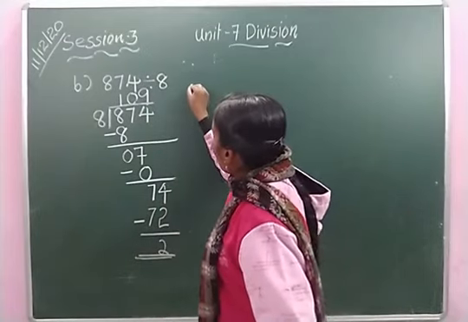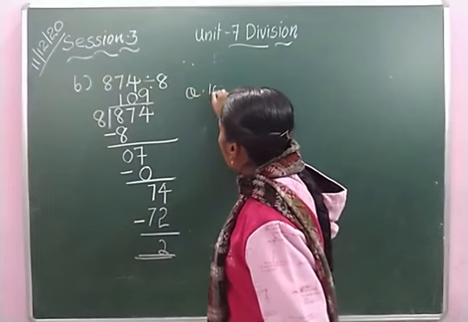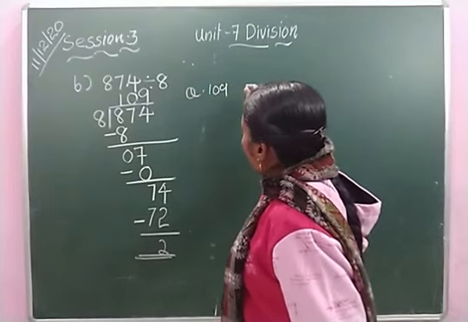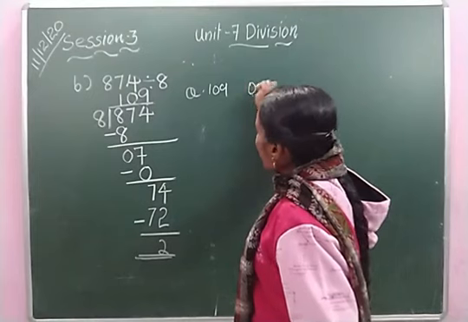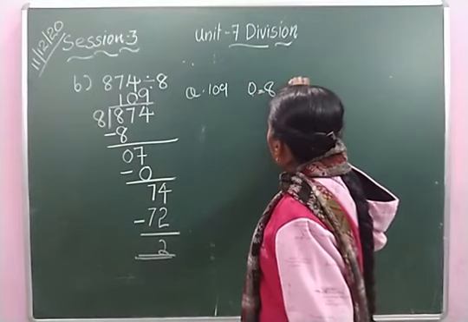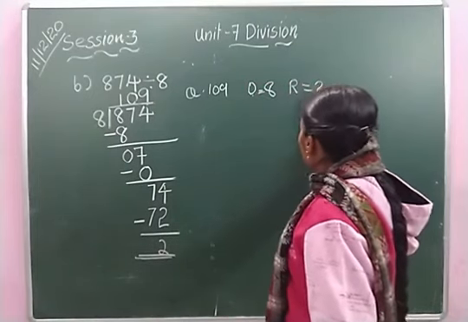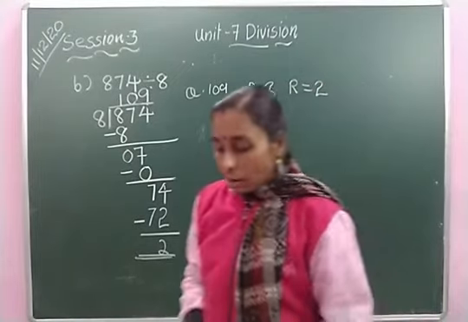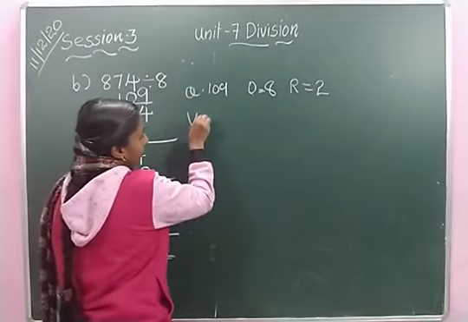Then what is the quotient here? Quotient is 109, divisor is 8 and remainder is 2. Then how can we do the verification?